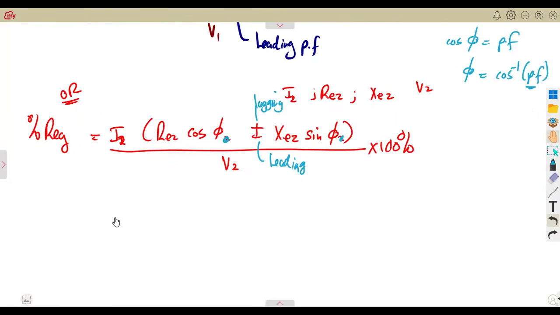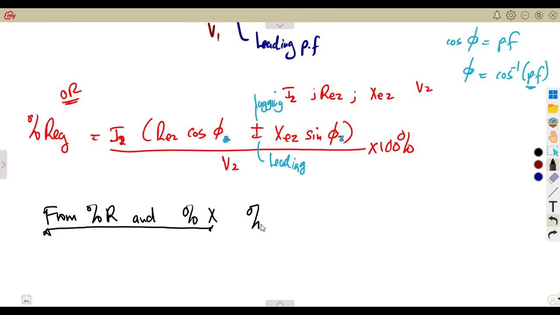Okay. Percentage regulation can also be obtained given percentage values. We can obtain it from percentage resistance and percentage reactance. How can we calculate the same percentage regulation?